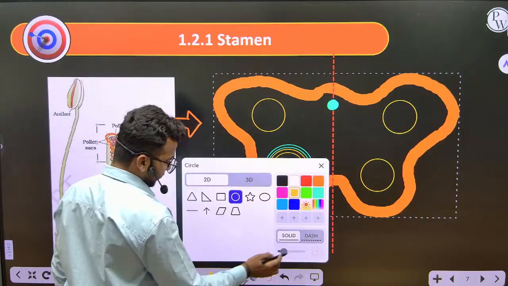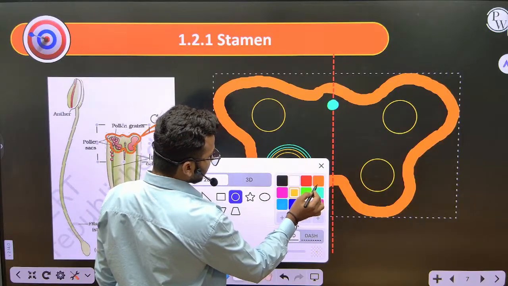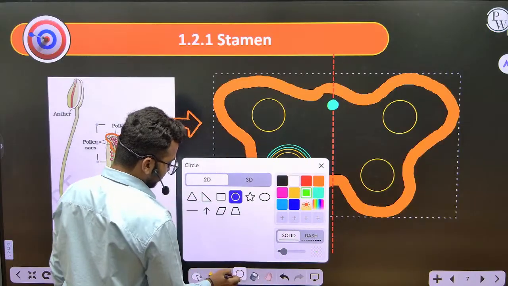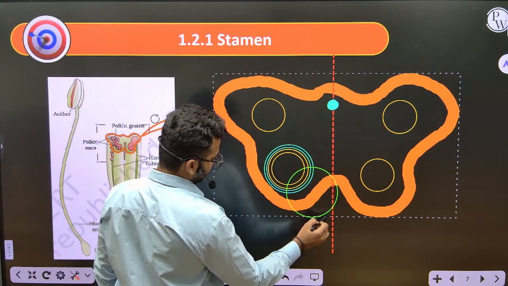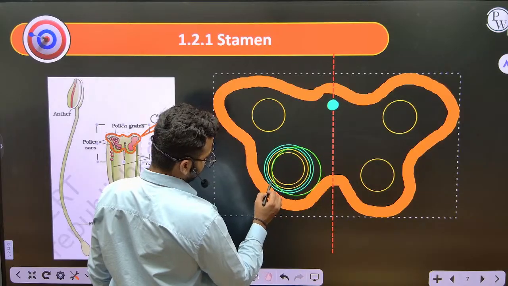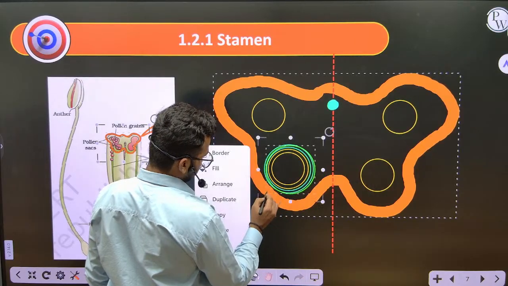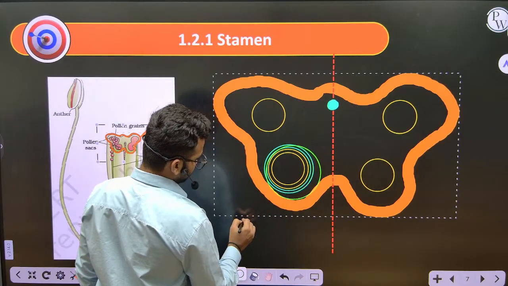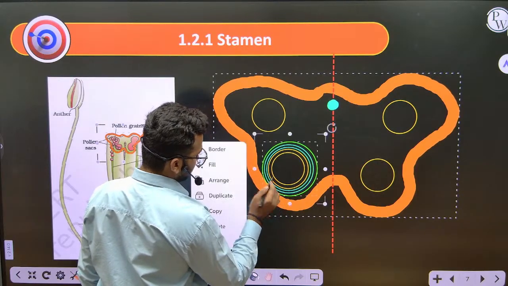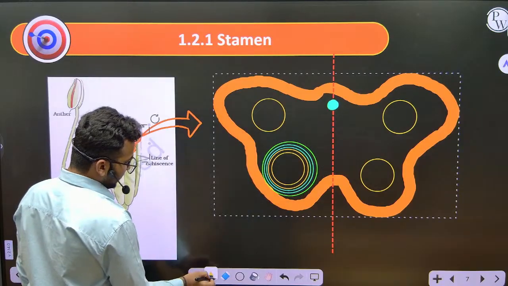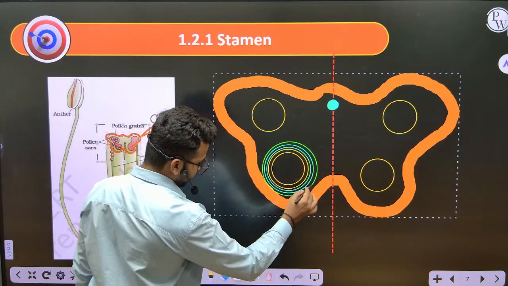So now what I am discussing is the TS of anther and the layers present around it. A layer of cells is present around that, that is the endothecium. And finally you will see this layer.